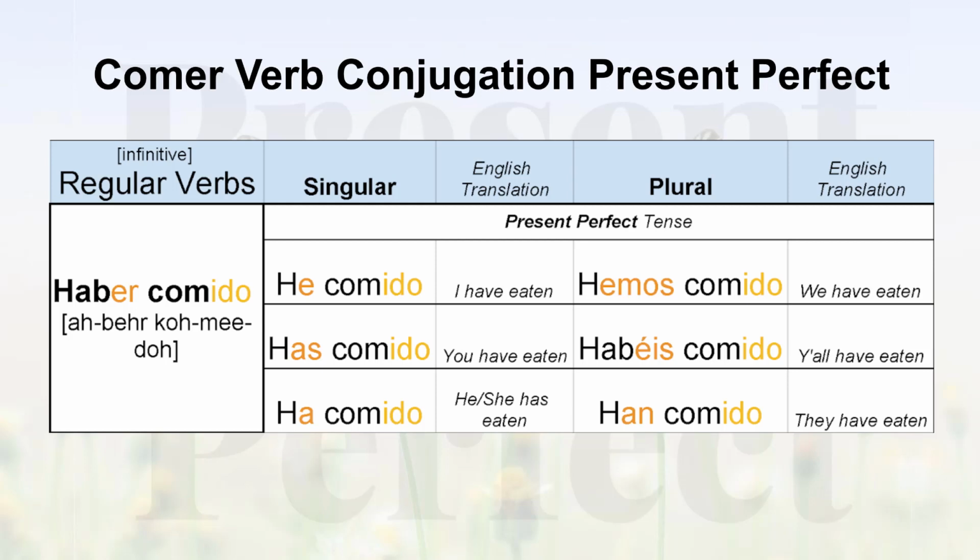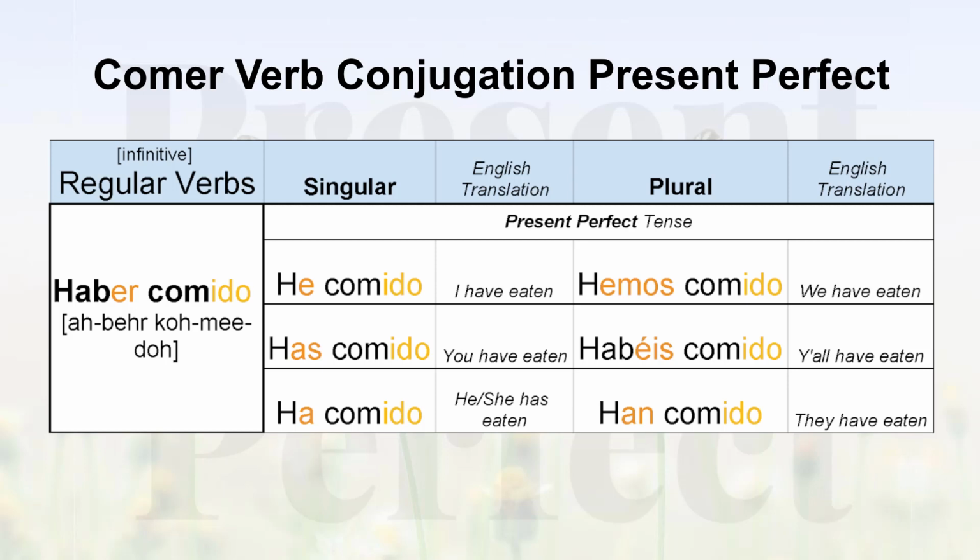So when they say yo he comido, oftentimes it's an emphasis on yo. The only time you are required to clearly mention the subject is third person singular and third person plural, especially when the context doesn't clarify it, because ha comido could take él, ella, usted as a subject.